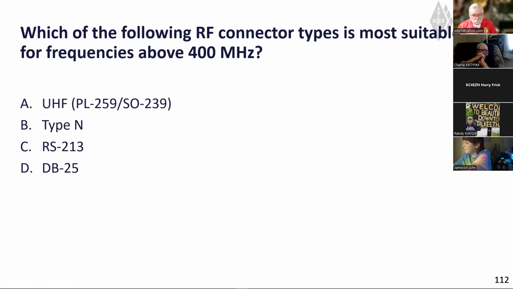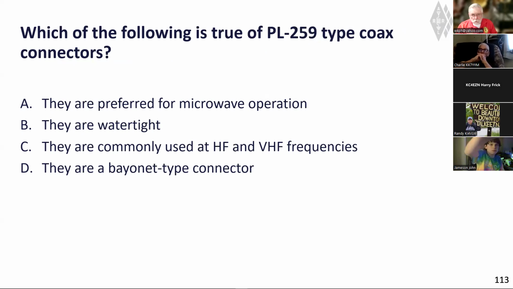Which of the following RF connector types is most suitable for frequencies above 400 megahertz? Type N or BNC. Which of the following is true of PL259 type coax connectors? That would be C. They are commonly used at HF and VHF frequencies.